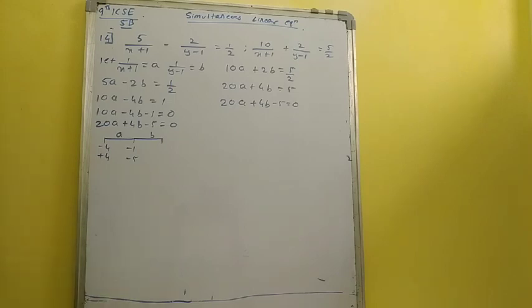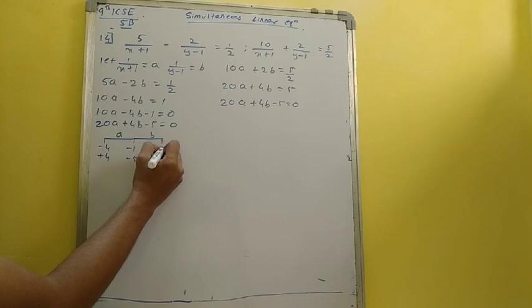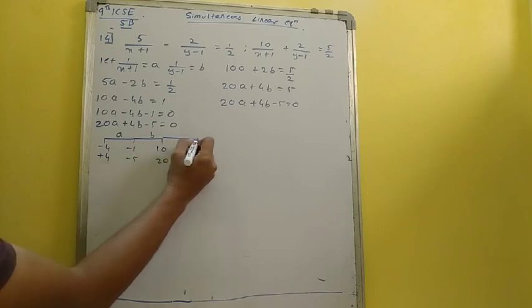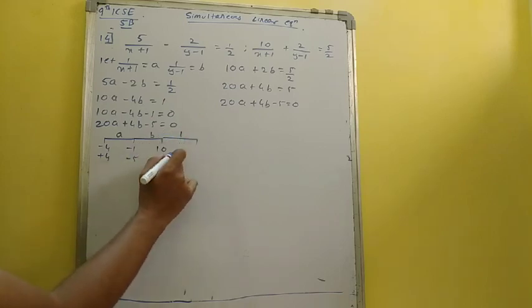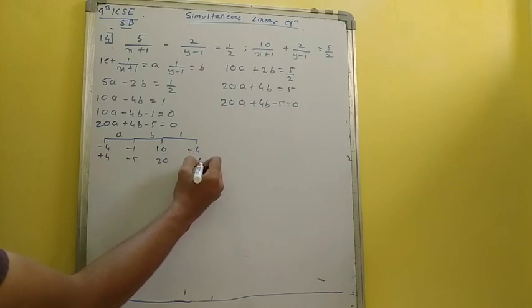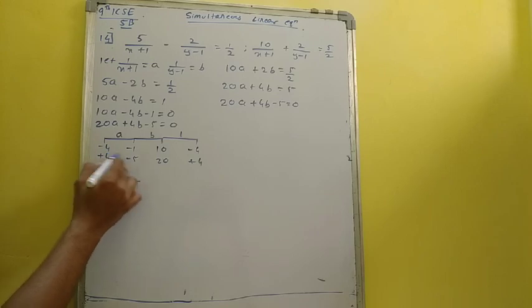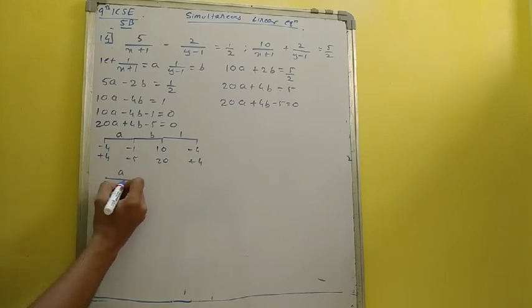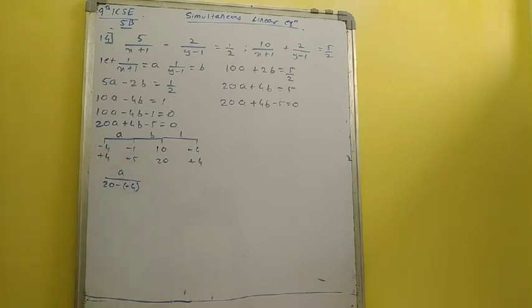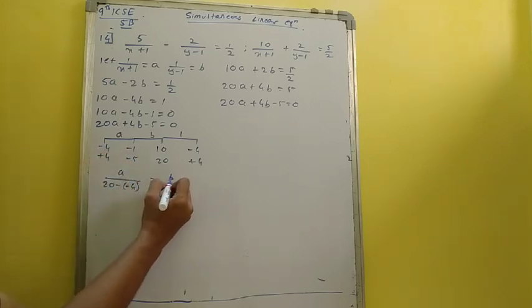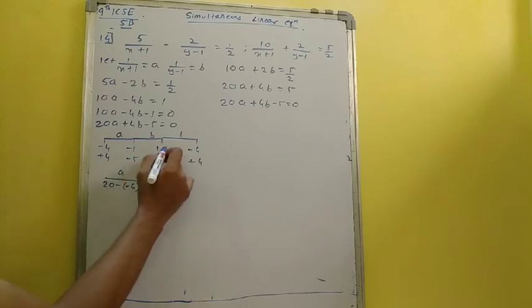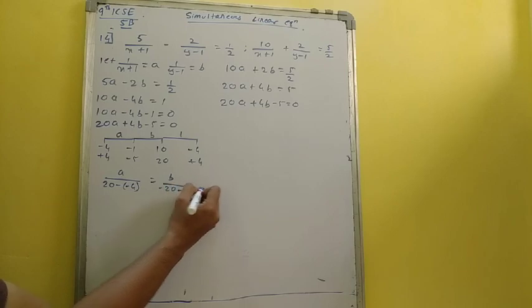For b I will take a, and for constant I am having a and this is b. So a upon minus minus plus 5 4s are 20 minus 4 1s are 4, as this was minus and it is minus 4. B upon 20 1s are 20 minus 5 10s are 50.